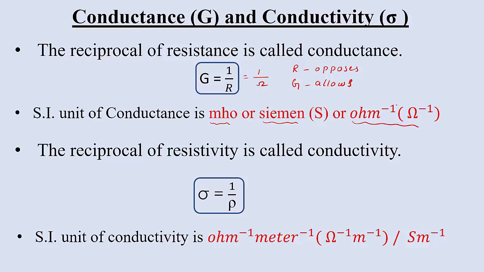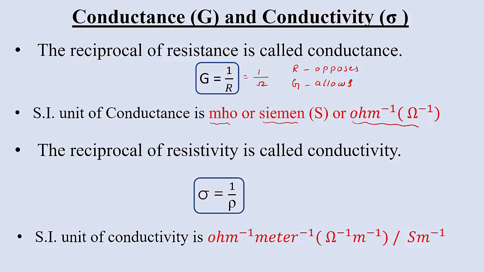Then another term is conductivity, which is denoted by sigma. It is the opposite term of resistivity. The reciprocal of resistivity is called conductivity. Resistivity is also a physical property of a particular substance having particular dimensions.